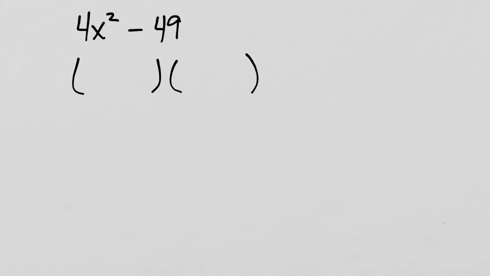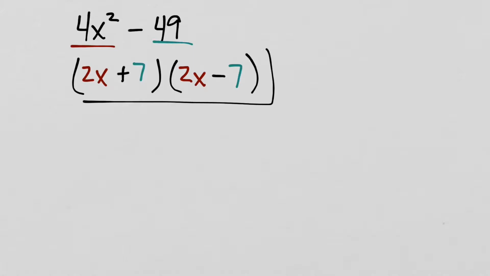We have a binomial, we have two terms, we have a difference. We look at perfect squares. We know the x is x times x, but now the square root of 4 is 2 times 2. So instead of x times x, it's 2x times 2x. We look at the second term. That's 7 times 7. We put a plus sign, we put a minus sign, and we are factored.